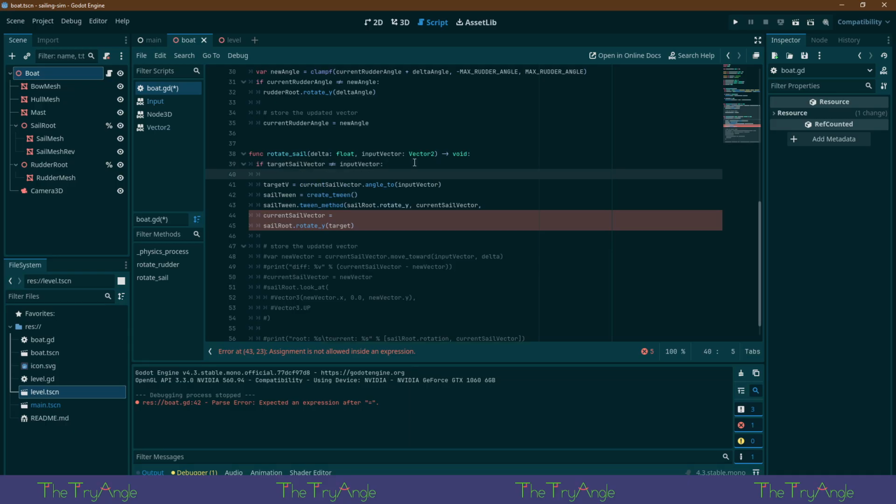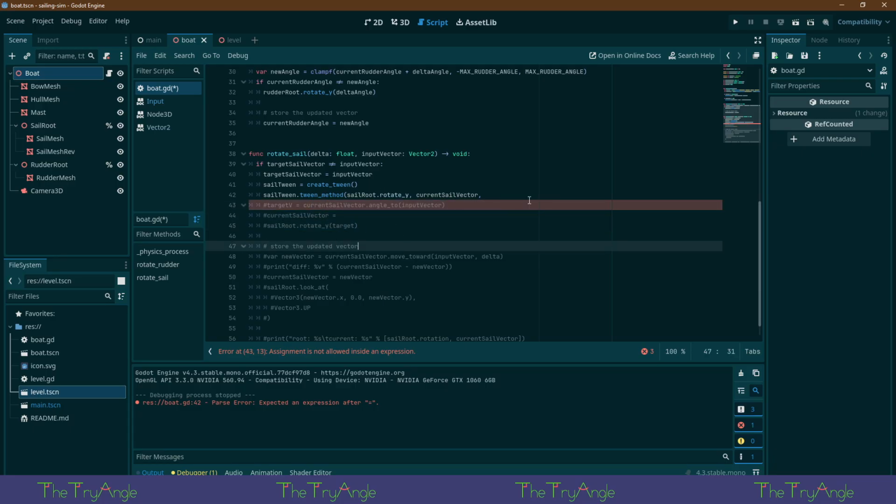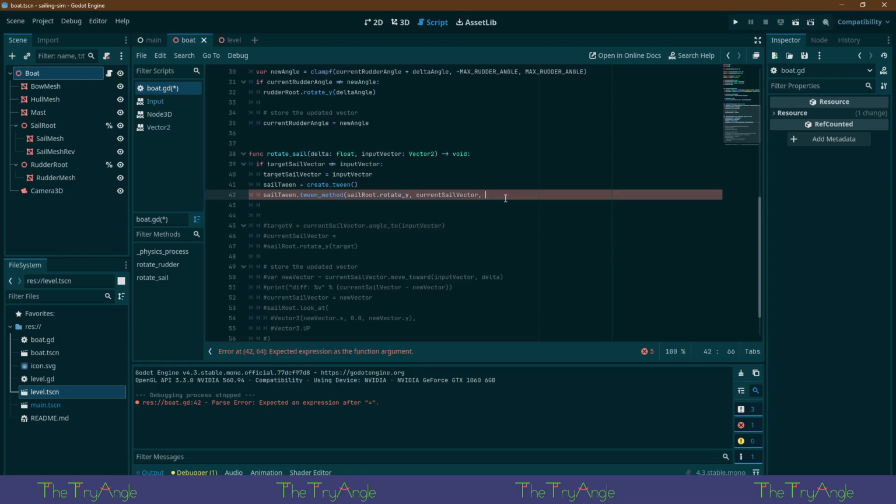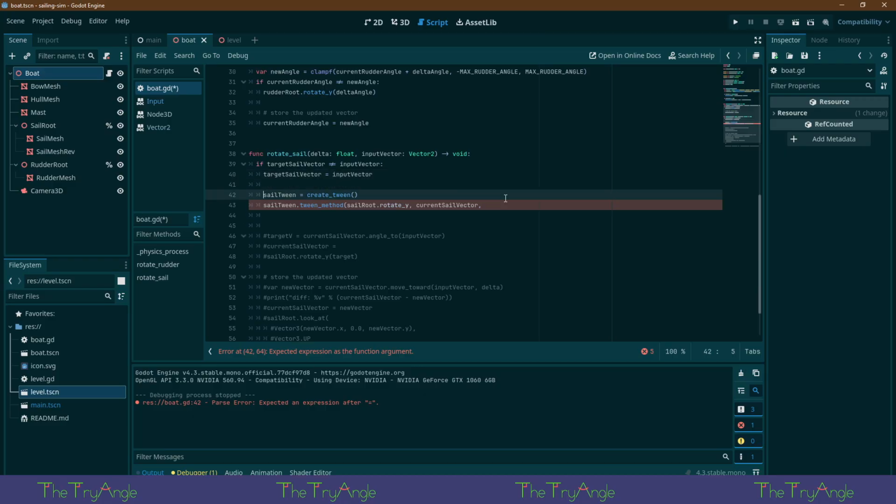If input's different from target, then the first thing we're going to do is set the target equal to the input vector. And from there, our target, forget everything you know about this. All right, from there, we're going to create a tween, and we're going to say our target is, no, I'm sorry, that was correct.